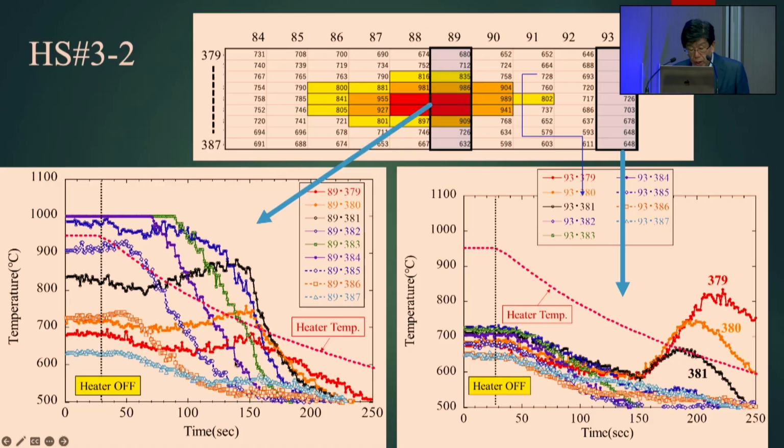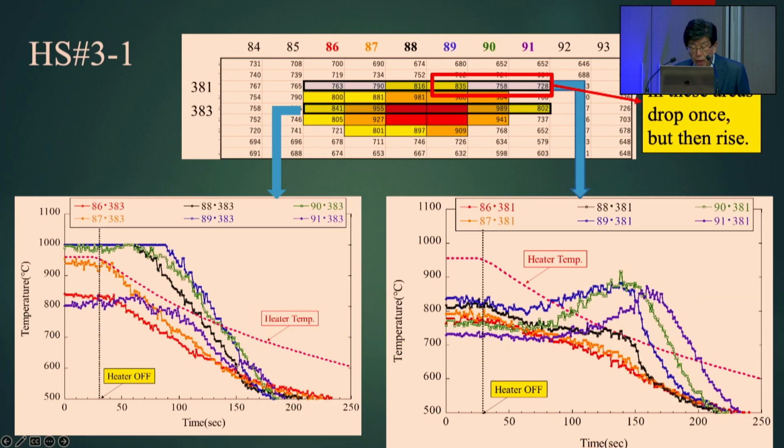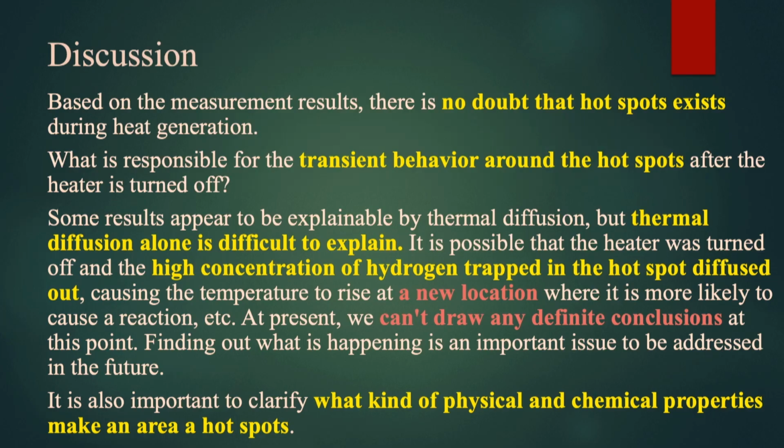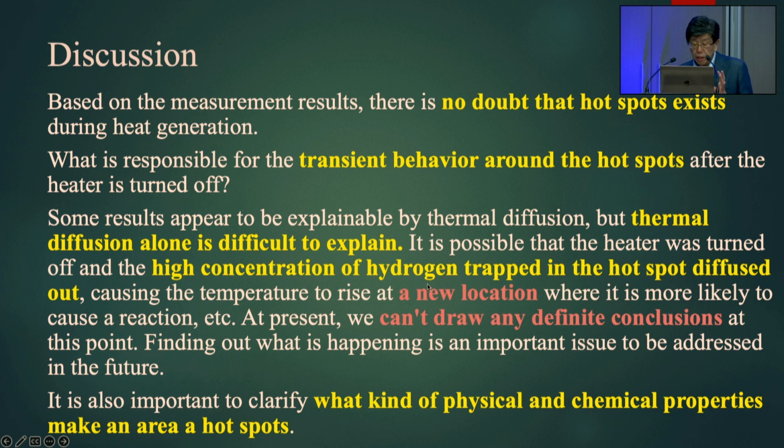So if we assume that in this area the hydrogen concentration is very high, and so produces very high excess heat, and then this high concentration of hydrogen diffused out, causing the temperature to rise at a new location.